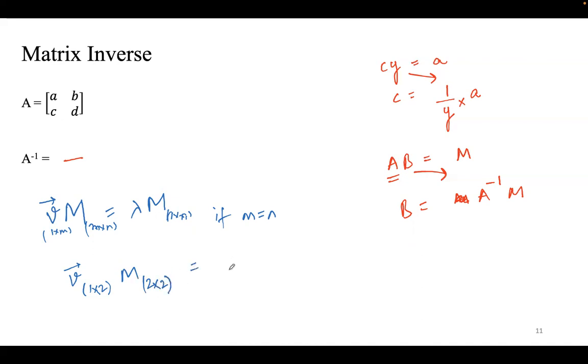So the resulting matrix, whatever that matrix is, sorry. So you're going to get another vector. Let's say you get W. Okay, this would also have dimensions 1 by 2. Just tell me if this part is clear, right?